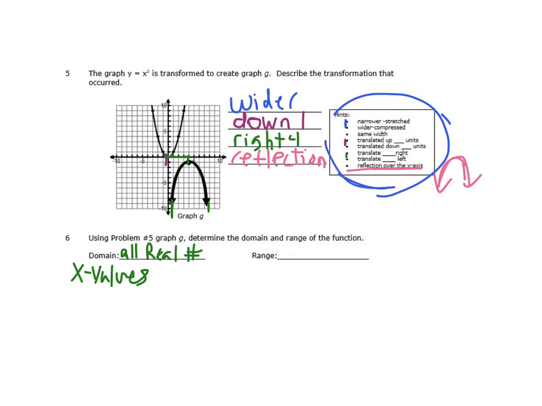And then we have the range. The range are those y values. Now this parabola, the highest y value is a negative 1, and that's also the y coordinate to the vertex. From here, it's going down. So the range is going to be y is less than or equal to negative 1.